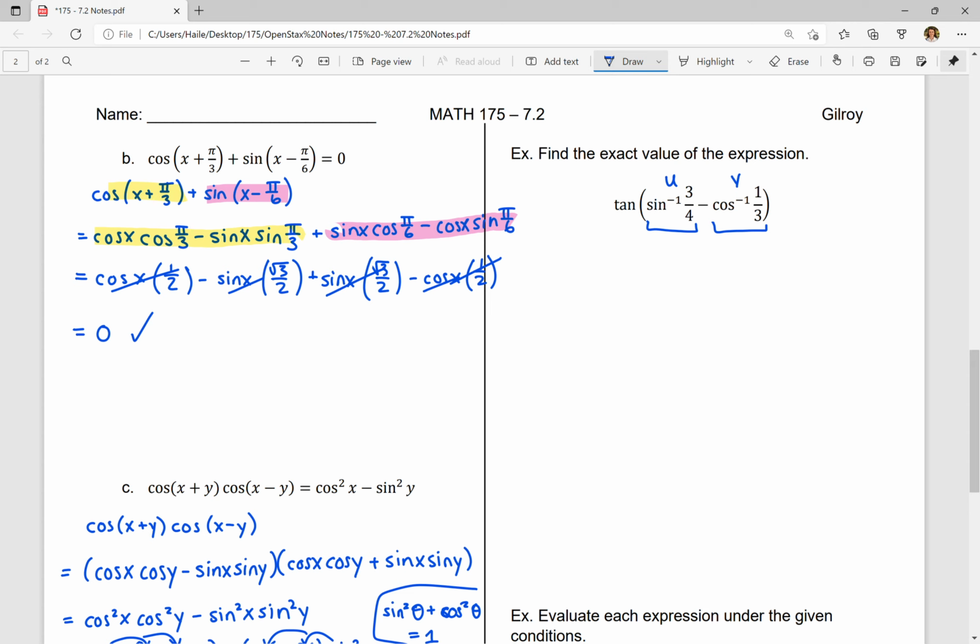So the first thing I'm going to do is actually expand this out using the tangent of a difference formula.